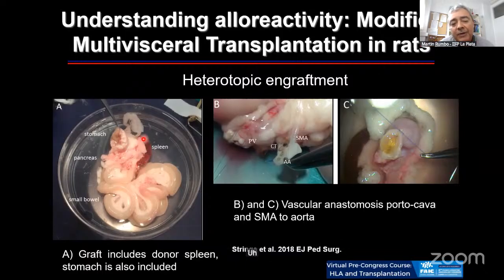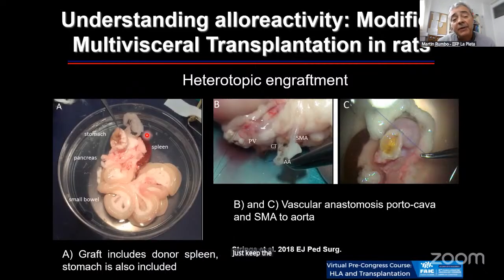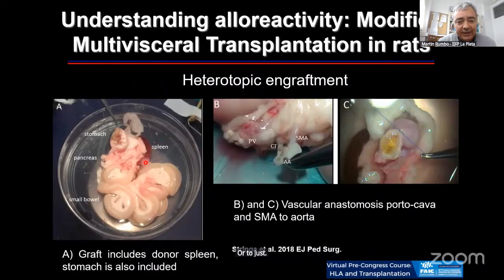And this is something where there is a big controversy: what is better, to keep the spleen in the graft, because from the anatomic and surgical point of view this is much simpler, or to separate the spleen from the graft, which is more risky and more complicated from the technical point of view.